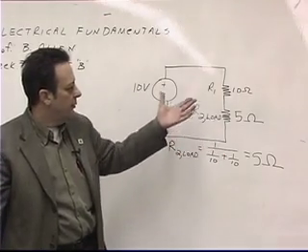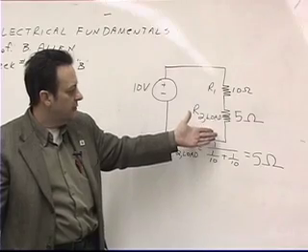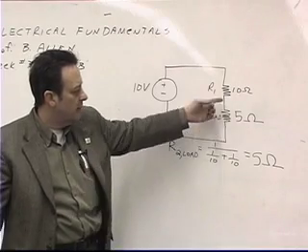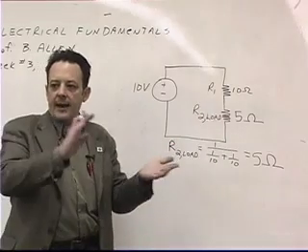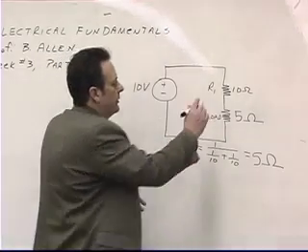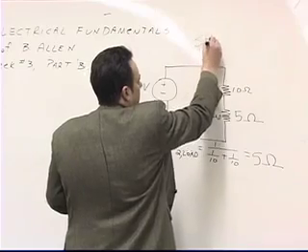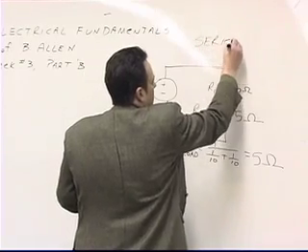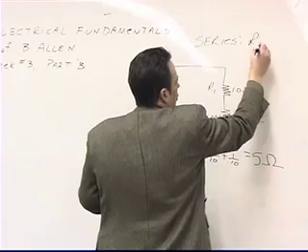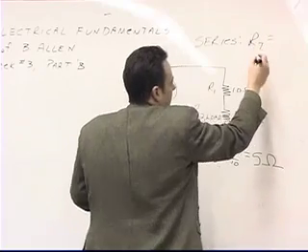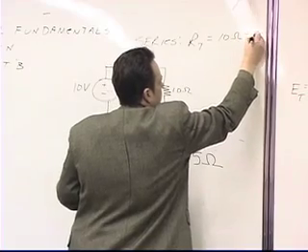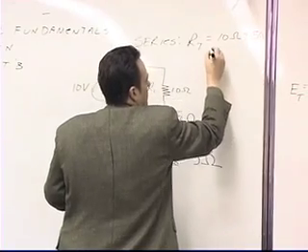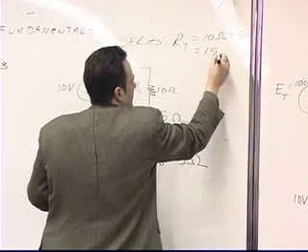And if I were to figure out what the total resistance of the series circuit is, what would I come up with? 15, because they add algebraically, right? This is a series circuit, and so the total resistance is simply going to be equal to 10 ohms plus 5 ohms, which is equal to 15 ohms.